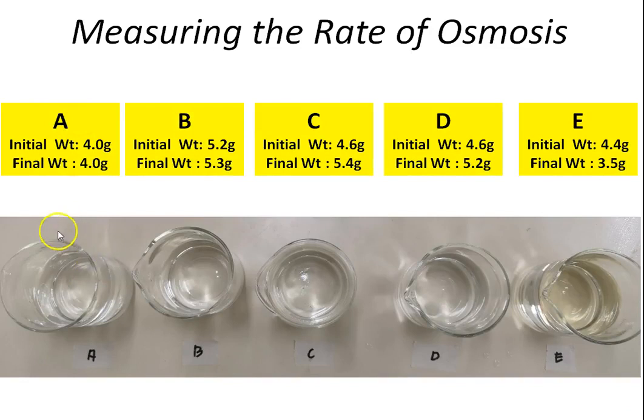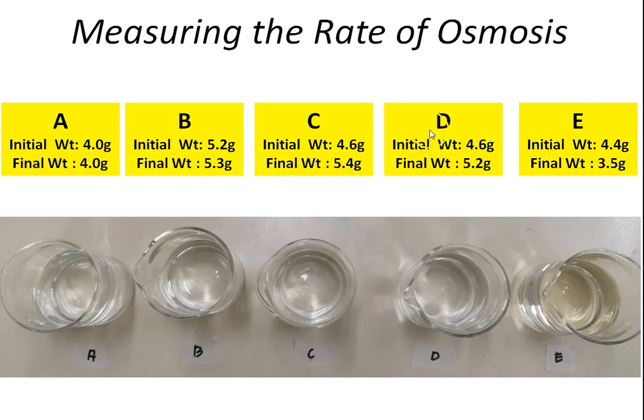For setup A, the cellulose sac 1 or A had an initial weight of 4 grams and a final weight of 4 grams. For cellulose sac B or number 2, it has an initial weight of 5.2 grams and a final weight of 5.3 grams. For cellulose sac C or 3, we have an initial weight of 4.6 grams and a final weight of 5.4 grams.